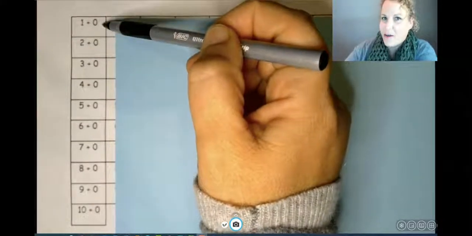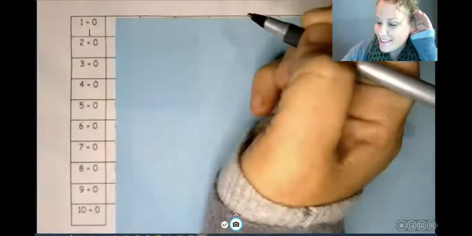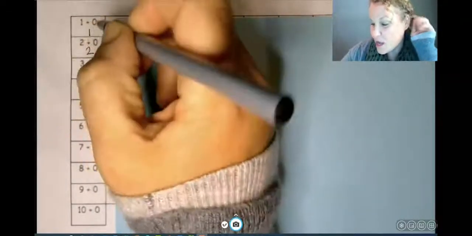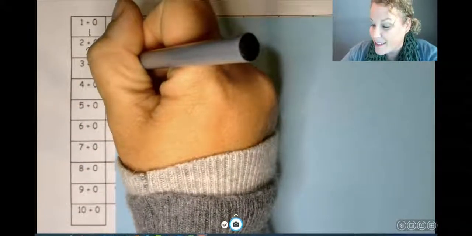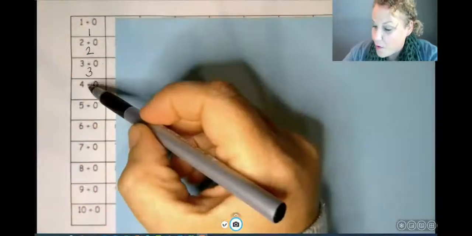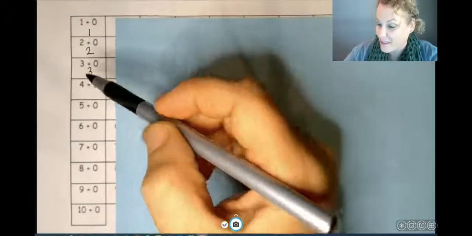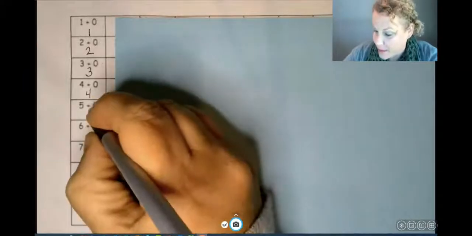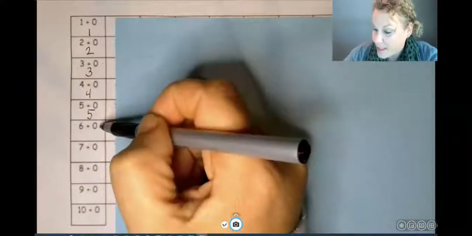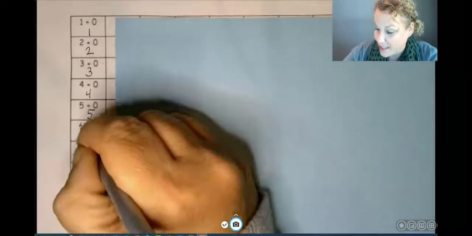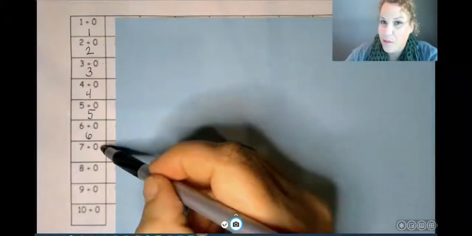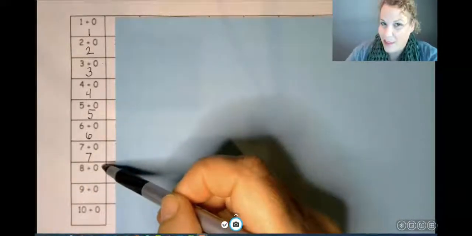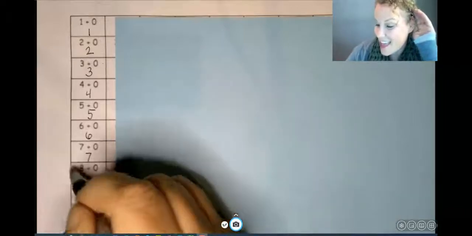1 plus 0 equals 1. 2 plus 0 equals 2. 3 plus 0 equals 3. 4 plus 0 equals 4. 5 plus 0 equals 5. 6 plus 0 equals 6. 7 plus 0 equals 7. 8 plus 0 equals 8.